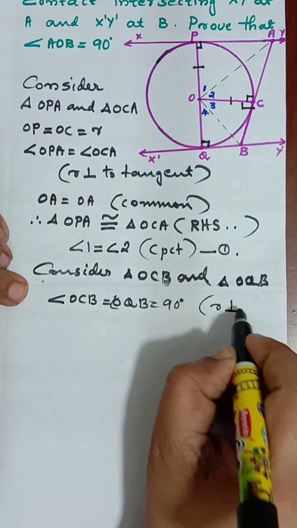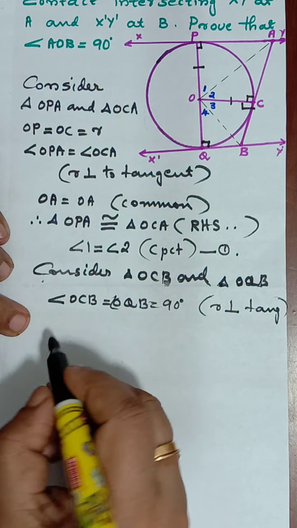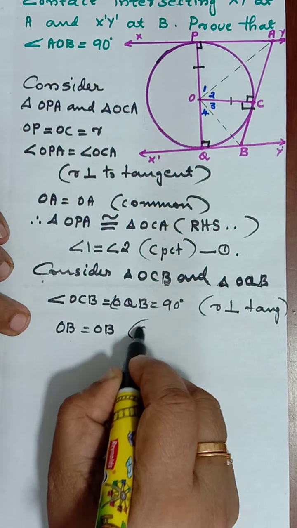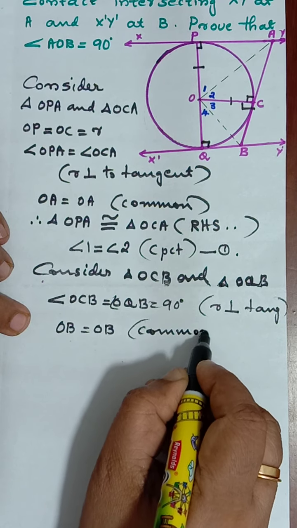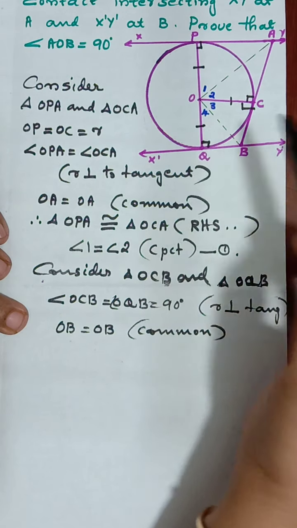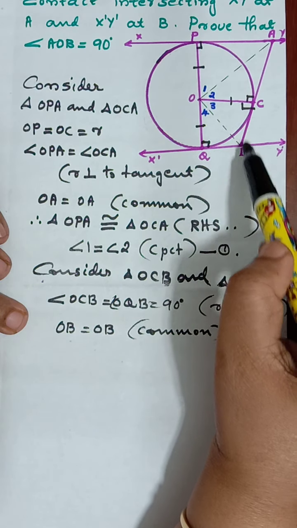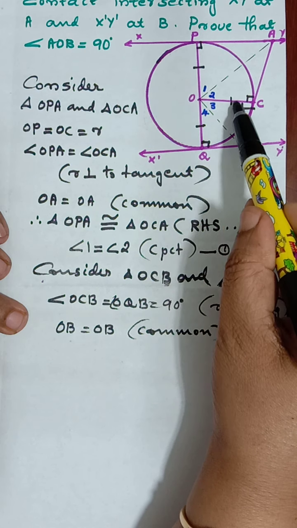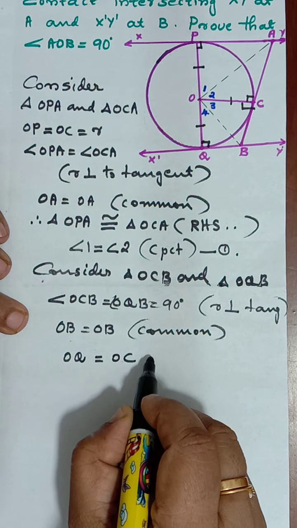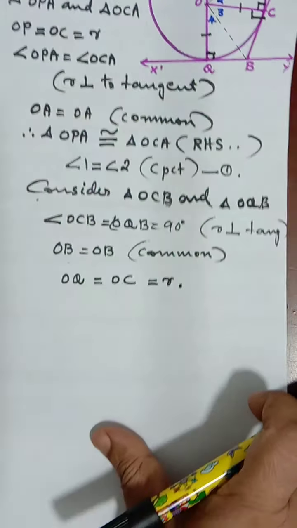Reason, radius perpendicular to tangent. Then OB is equal to OB, common. It is the hypotenuse, right angle hypotenuse, and which is a side? Isn't it this equal to OC also? OQB and OCB are our triangles. So these two are radii. OQ is equal to OC, that is equal to radii of both the triangles.